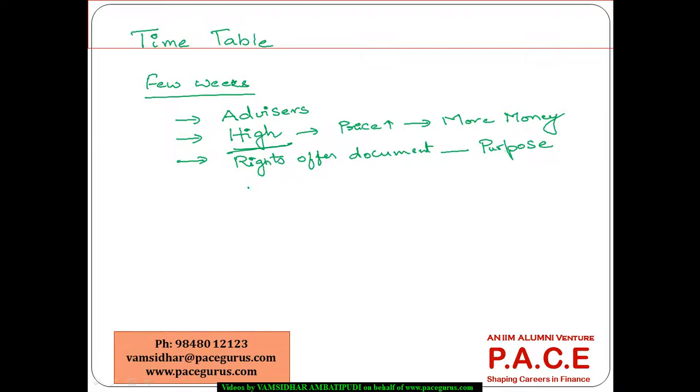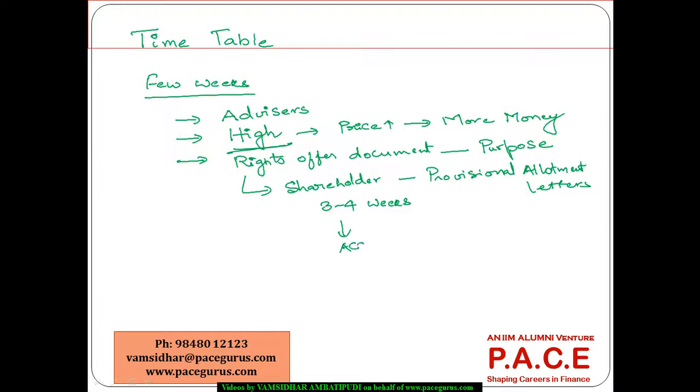And even the shareholders will be sent this document, along with the allotment letters, provisional allotment letters, and shareholders have to respond to that. Shareholders will respond within 3 to 4 weeks, whether they are going to accept the new shares or sell their nil paid shares.